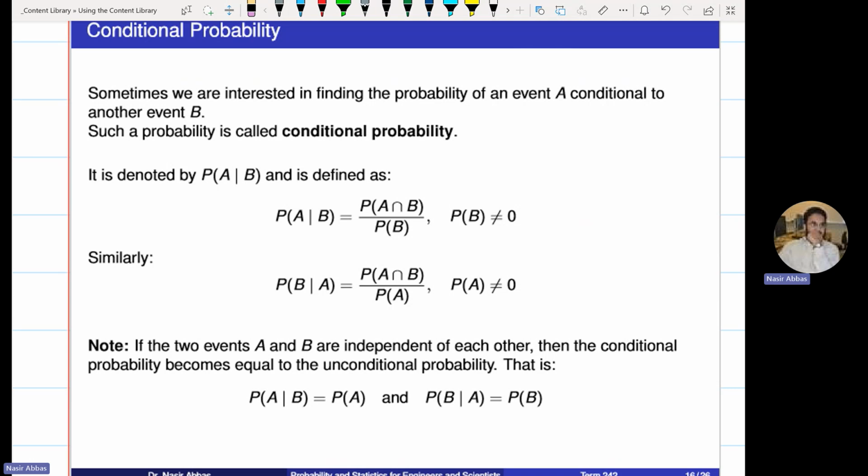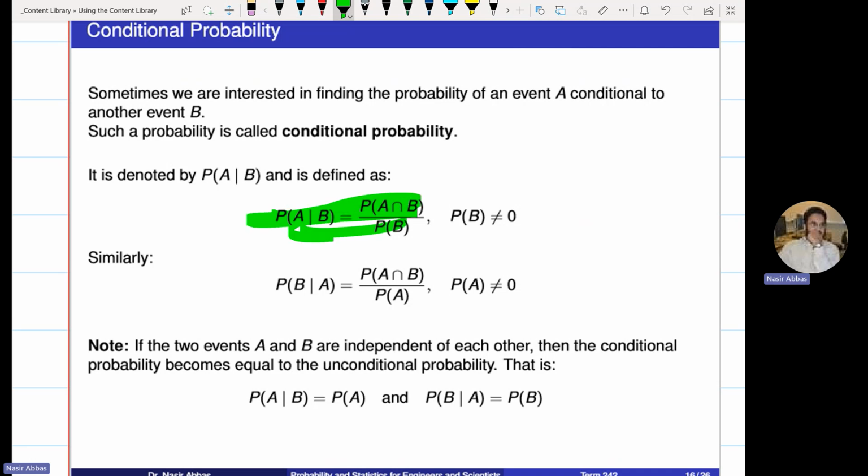Now the formula says that the probability of A conditional B is equal to A intersection B divided by probability of B. Similarly, if I tell you that the student is able to read, what is the probability that the student is sitting in the first row? B given A. So probability of B given A is also A intersection B divided by probability of A. Now have a look at these two equations very closely.